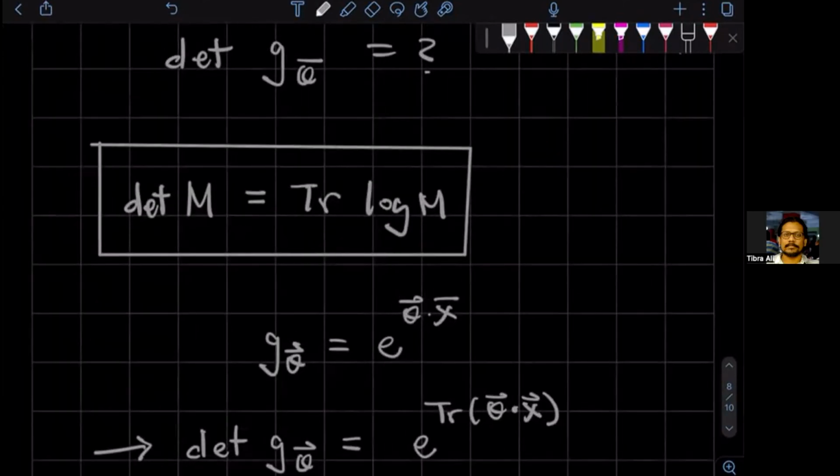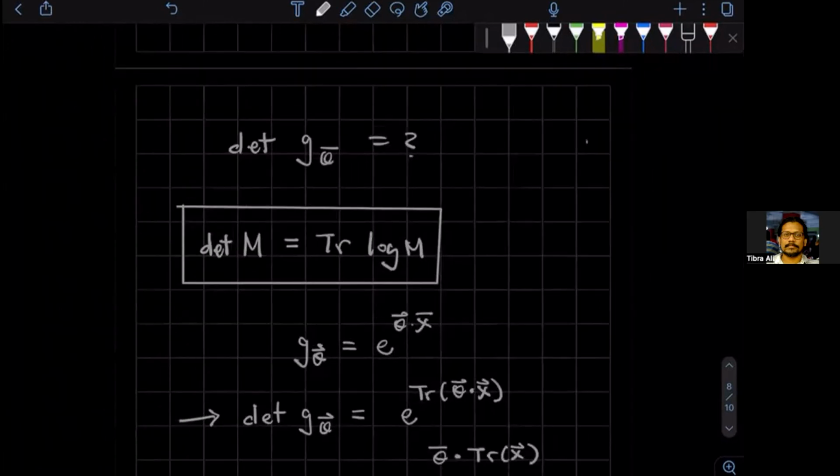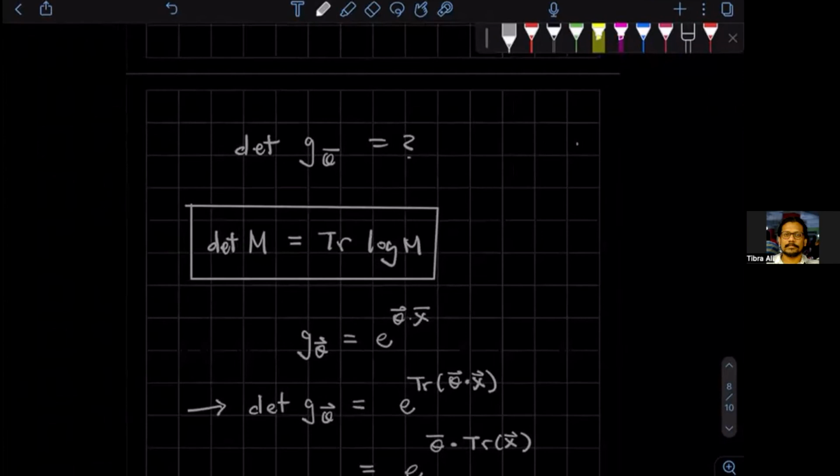You're saying, sorry, what is the correct thing? Log of determinant of m equals trace of log m. Yeah, I think, yeah. You're right. Log of determinant of m equals trace of log of m.